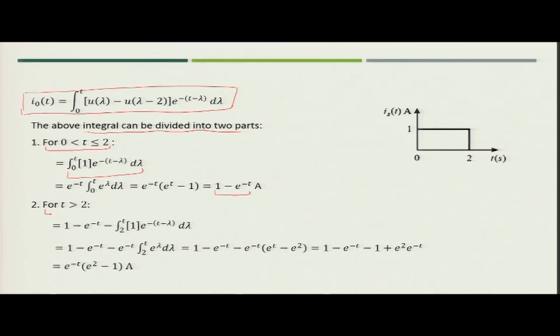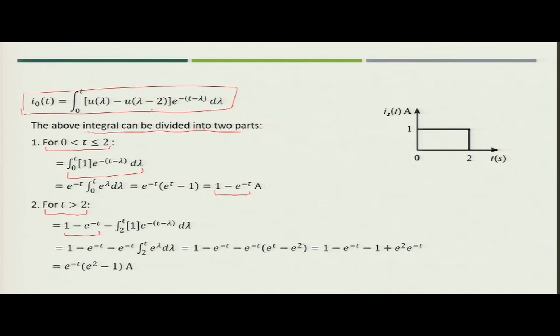Now, for time t greater than 2, the first term will anyway remain there. When you separate these two terms, the integral from 0 to t of u lambda e to the power minus t minus lambda d lambda is what we calculated in the previous step. So, you can simply put the value as 1 minus e to the power minus t, and then next is the u lambda minus 2 function.